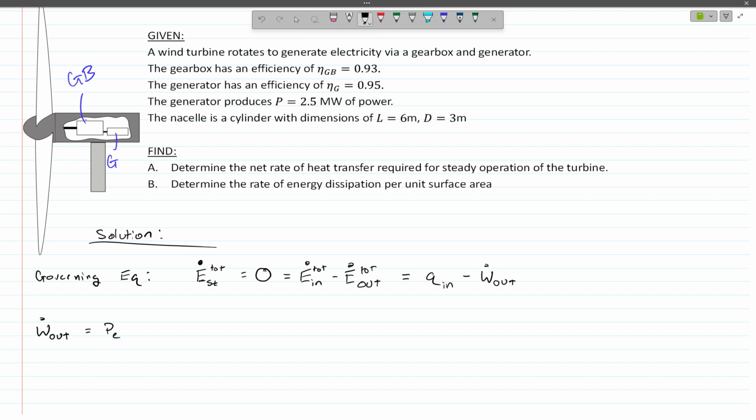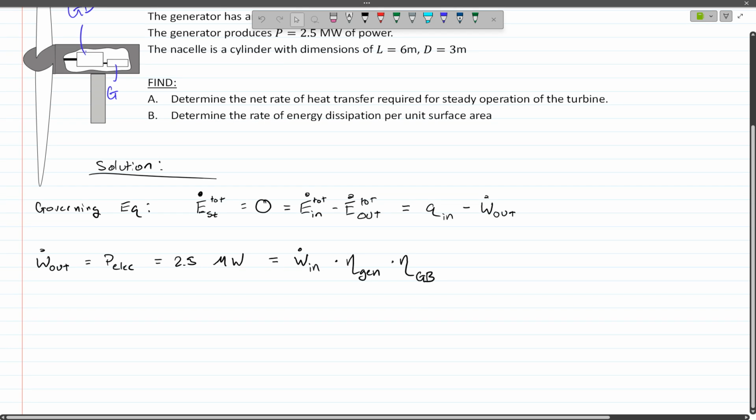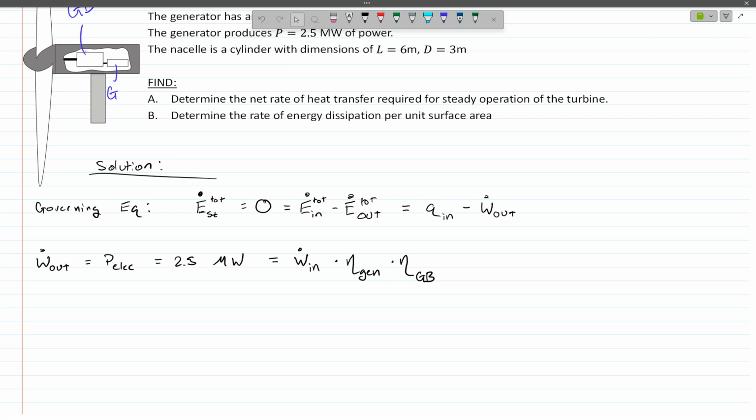is equal to P electric, which is our 2.5 megawatts, which is going to be equal to the actual mechanical work in multiplied by the cumulative efficiency of the generator and the gearbox. Okay, so what do we use this expression for then?